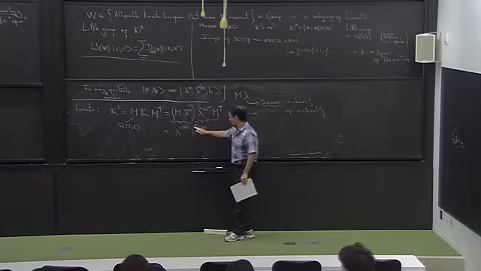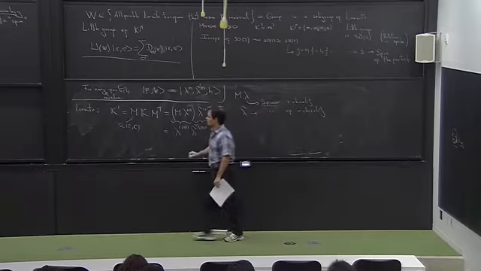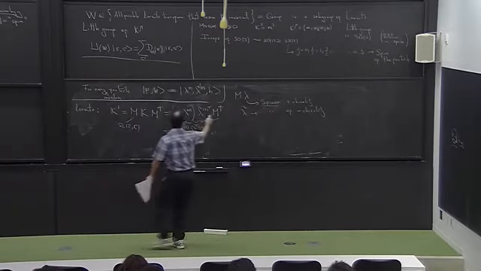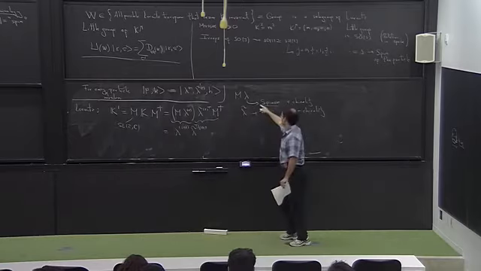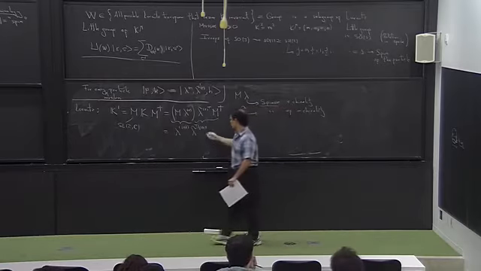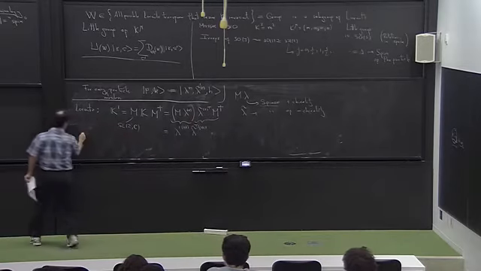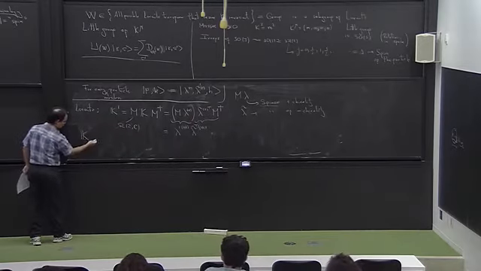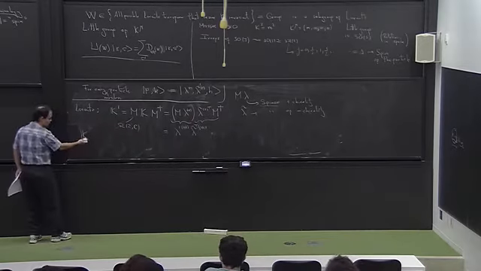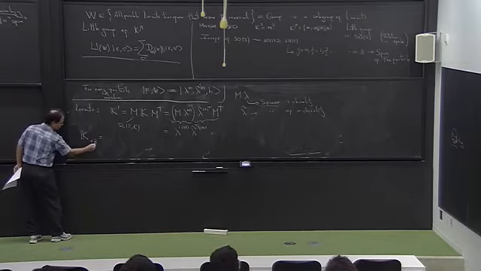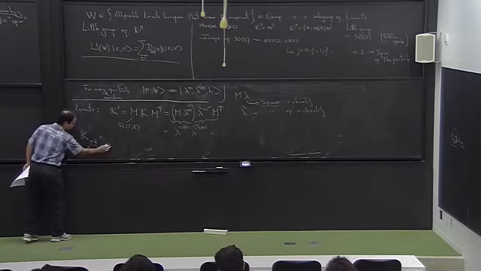It's also a little bit annoying to keep track of the transpose all the time. So, given that these objects transform differently under SL2C, I'm going to introduce a notation for their indices so that the matrix K has two indices. Of course, it's a 2x2 matrix. And their indices are usually denoted as alpha and alpha dot, where alpha takes values from 1 to 2 and alpha dot from 1 to 2.